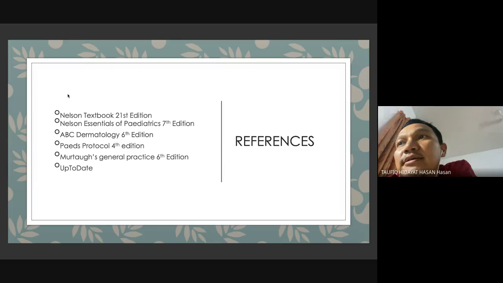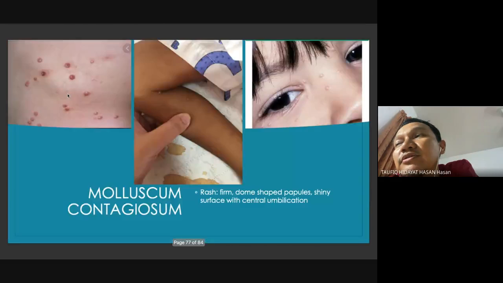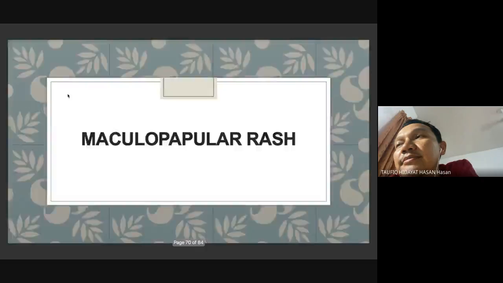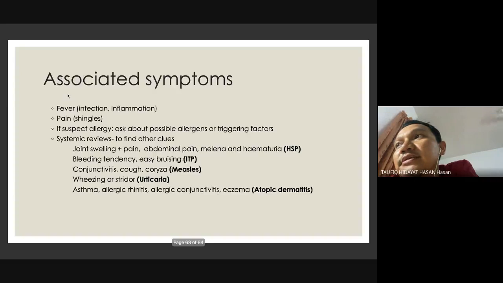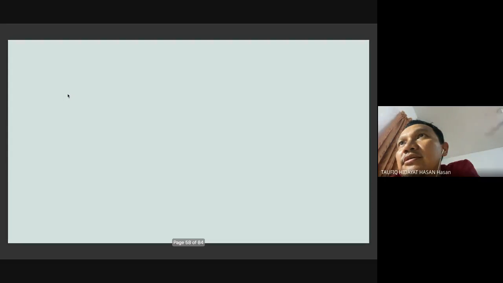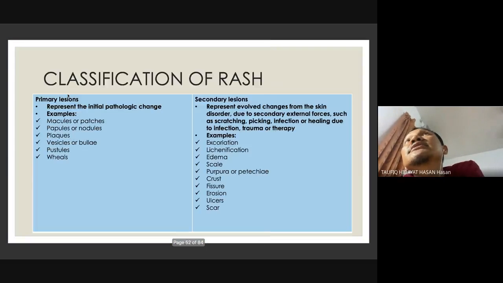Usually in hemorrhagic problems, there is bleeding and it will be non-blanching. The common ones are vasculitis, HSP. If petechiae, then ITP. So simple, just check FBC. What else in the hematologic causes?